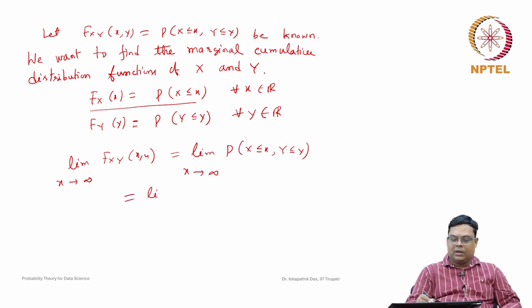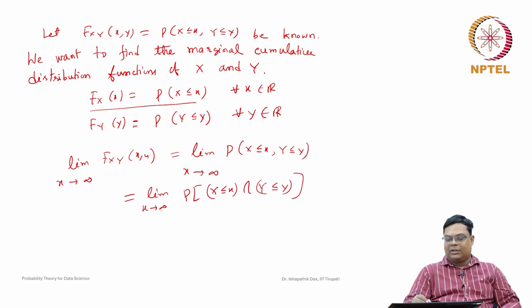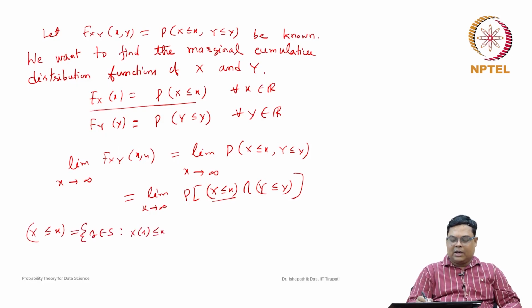Now, by definition, this is the probability of the event X ≤ x intersection Y ≤ y. Now, whenever x goes to infinity, as we discussed earlier, note that y is fixed here; only x goes to infinity. Whenever x becomes larger and larger, the event X ≤ x is nothing but all s belonging to the set S such that X(s) ≤ x.